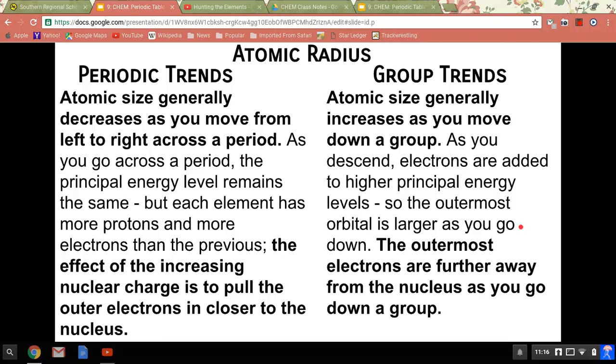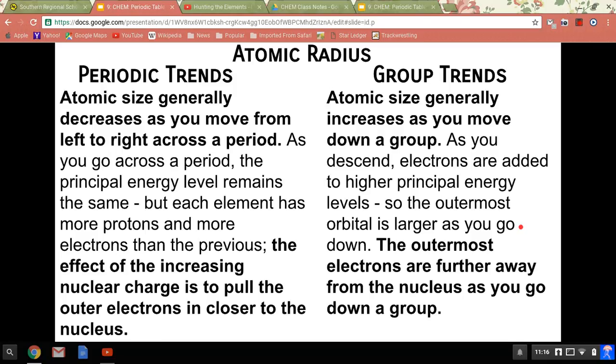This is because you're not increasing the energy level. So you're at the same energy level as you go across that period, and the nuclear charge, positive and negative poles, are getting pulled closer and closer into the nucleus. So that positive charge of the nucleus is pulling in those electrons tighter and tighter. They can't spread any further apart because they're not in a higher energy level.